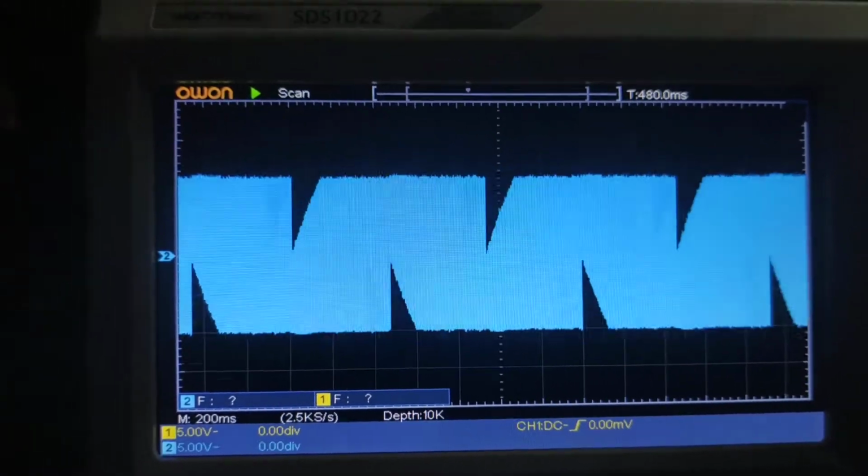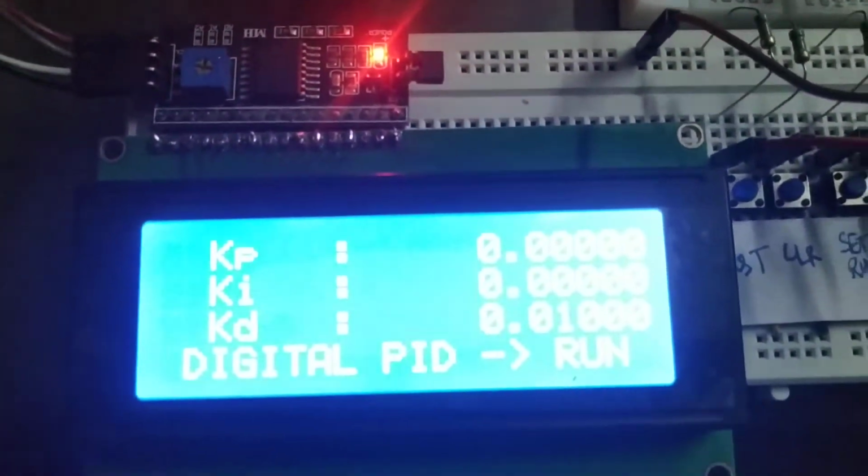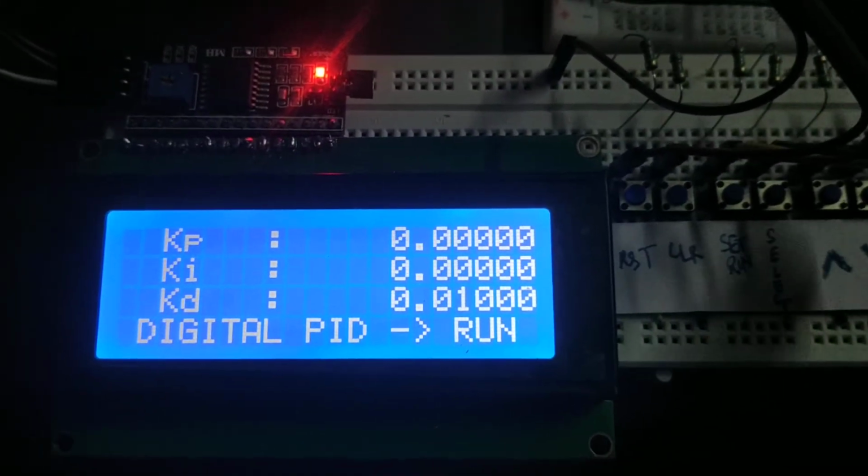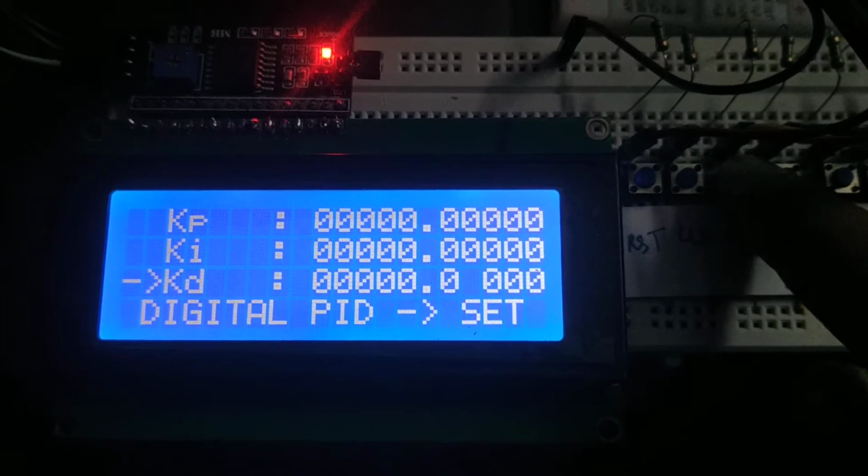Now if we use the PID mode in our closed loop configuration, let's say we reset all of these.